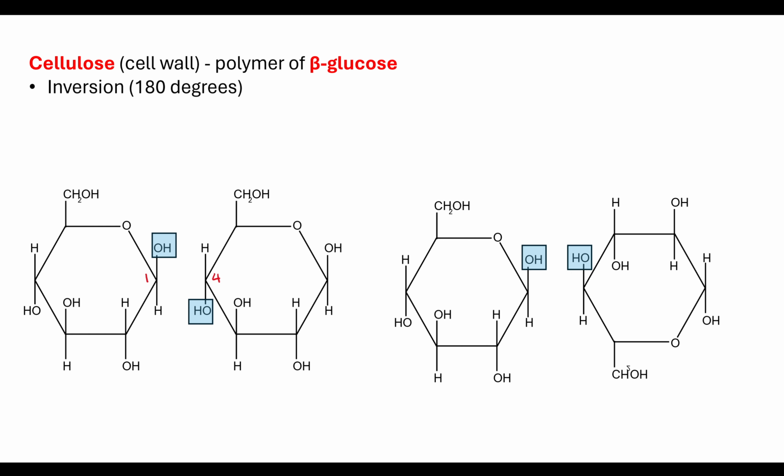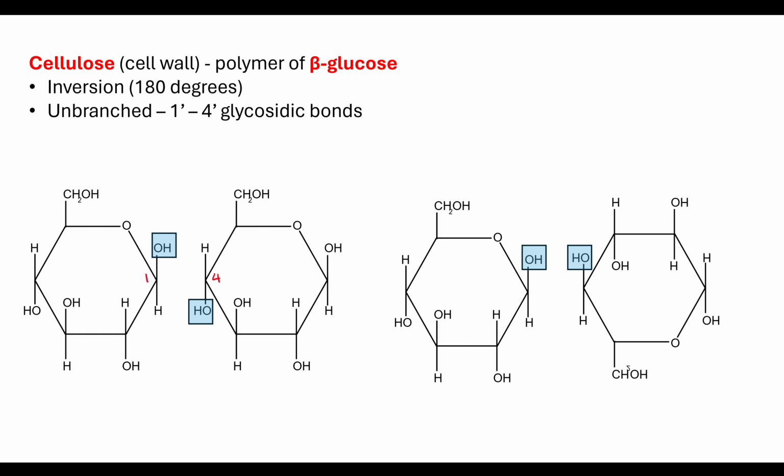What we need is for those hydroxyl groups to be on the same level. So what needs to happen is that with every unit of cellulose, that beta glucose needs to be inverted 180 degrees.